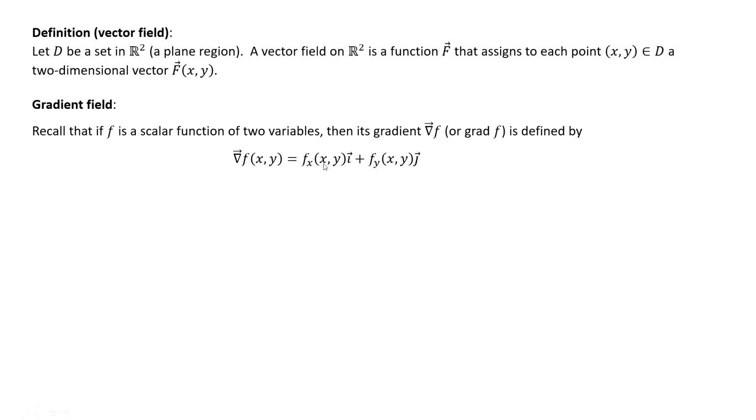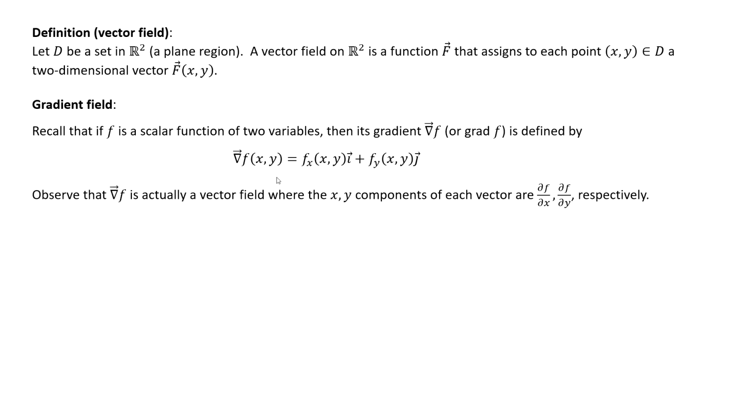At each point x, y, we have a vector with a certain x component and a certain y component. So basically, this gradient of f, del f, is in fact a vector field. That's the whole idea. And the components are partial f with respect to x and partial f with respect to y. Cool. That's another concept.